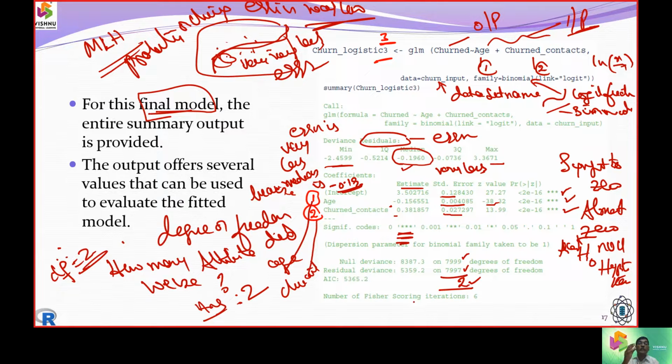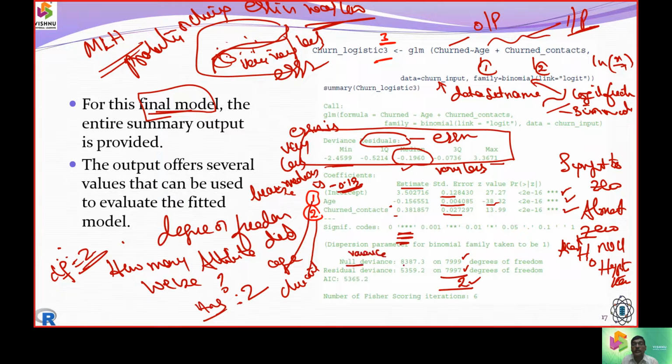Now, how much is the deviation between the null hypothesis and the errors generated? You told that these are the residuals, the values we are going to get, between the minimum value and maximum value. Now, for that, we estimated the variance.